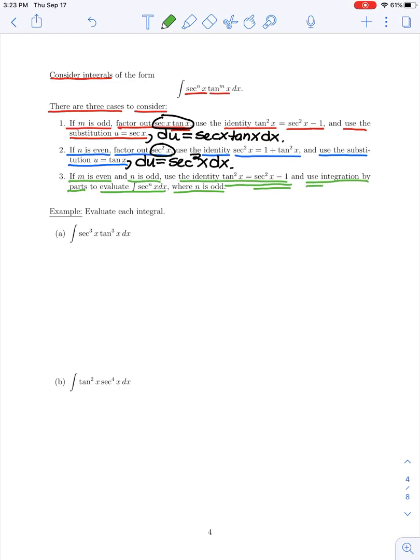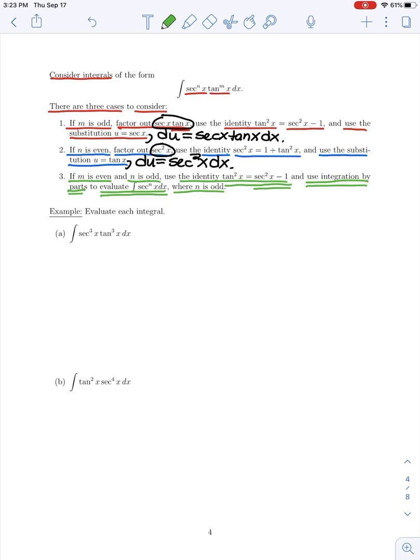And we can then use integration by parts to evaluate those integrals of odd powers of secant. So let's look at some examples of these types of trig integrals, and we'll look at examples of each case here.